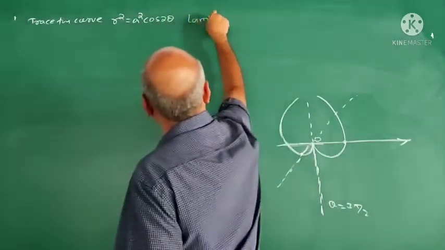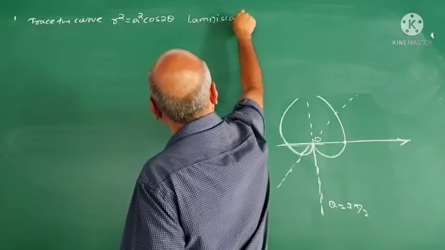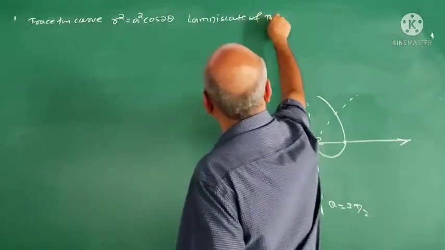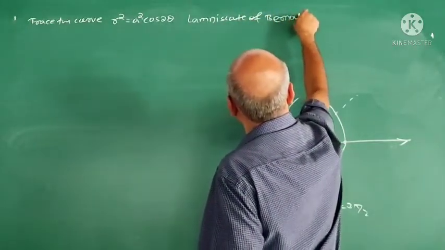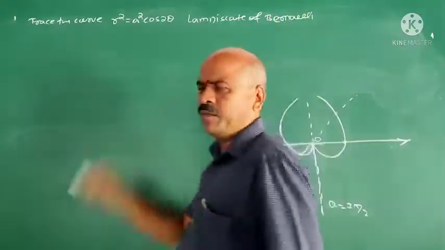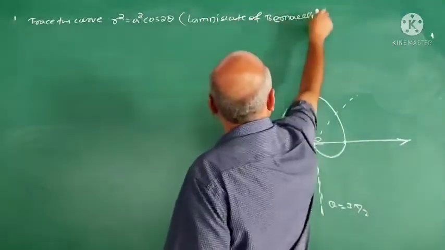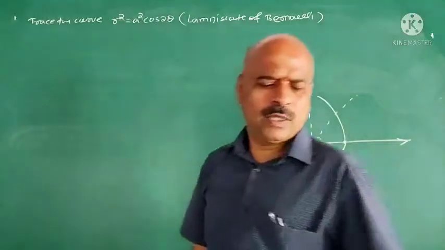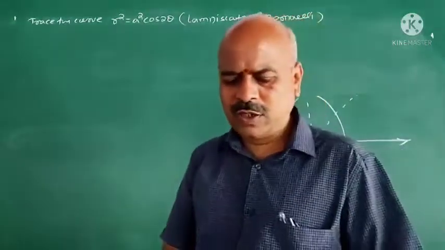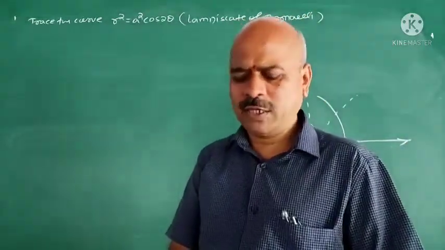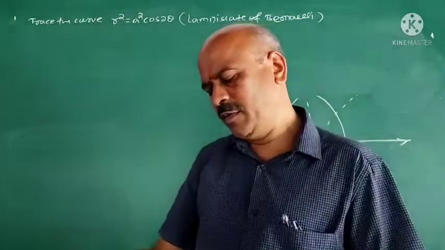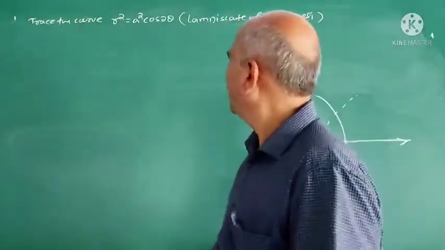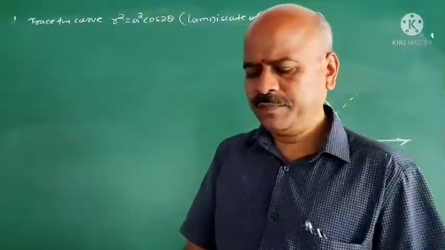Again, it is a standard curve, and we come across this curve in applications of definite integral. R square is a square cos 2 theta.